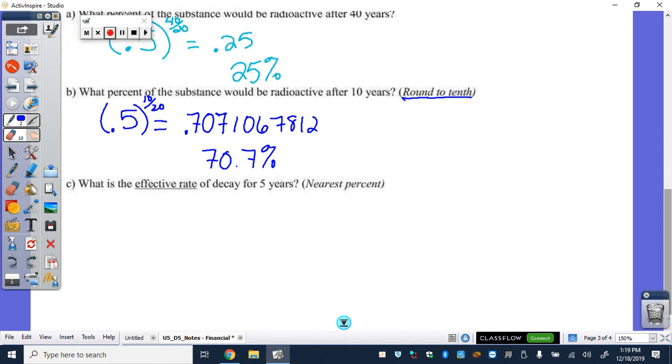And then our last one, what is the effective rate of decay for 5 years? So again, half-life, 0.5 to the 5 over 20.